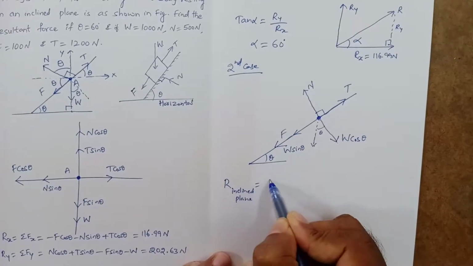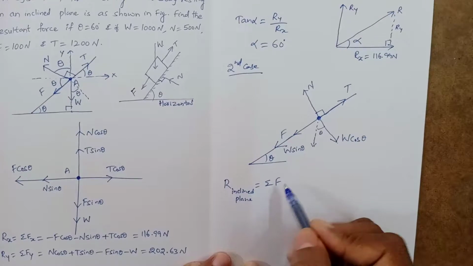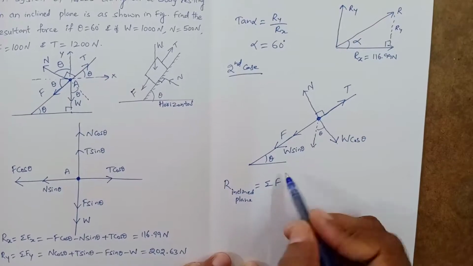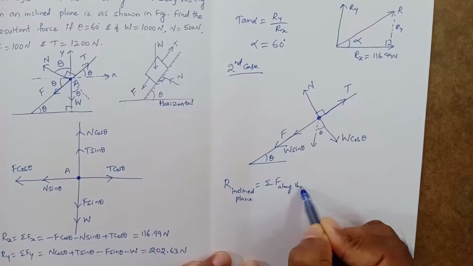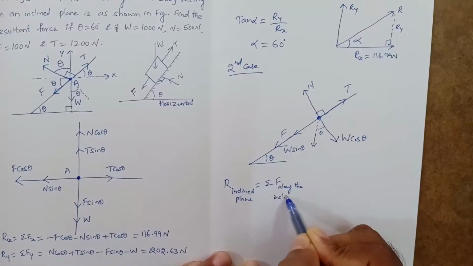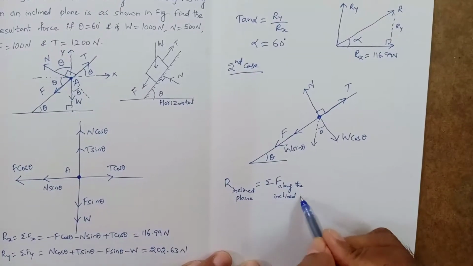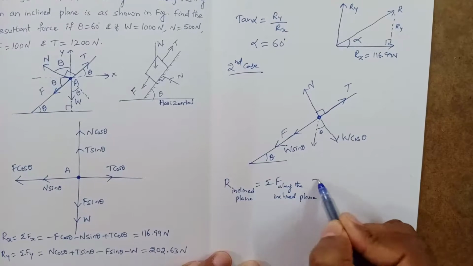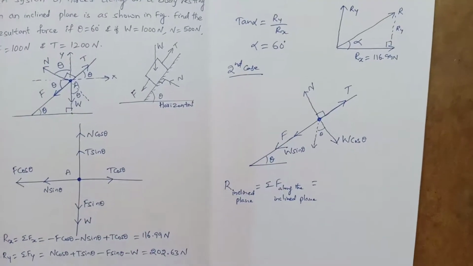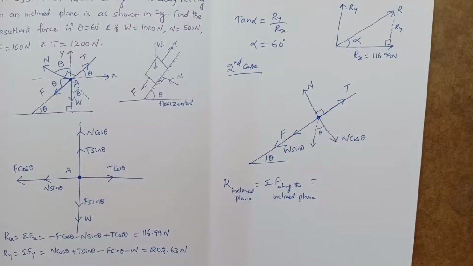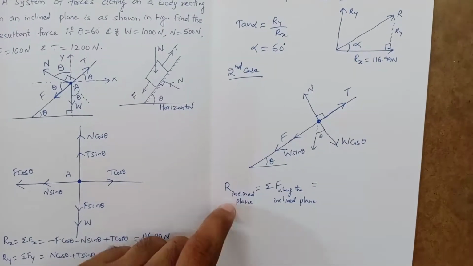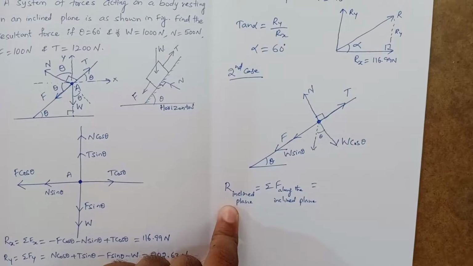is equal to the sum of the forces acting along the inclined plane. That is, the components of all the forces acting on the body along the inclined plane, we'll get the component of R acting along the inclined plane.